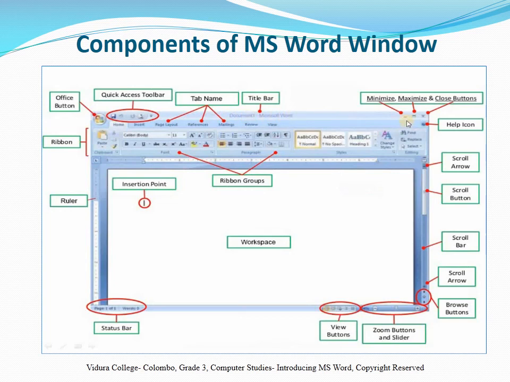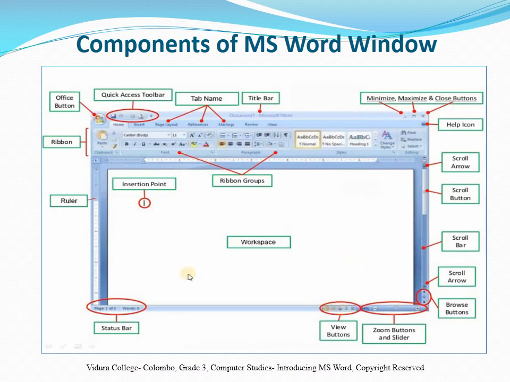Then minimize button, maximize button, and close button, and the help icon, scroll arrow, scroll button, scroll bar, browser buttons, zoom buttons, and sliders. Using these zoom buttons, you can zoom in and zoom out the document here.